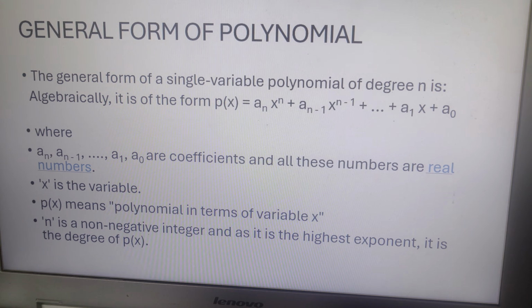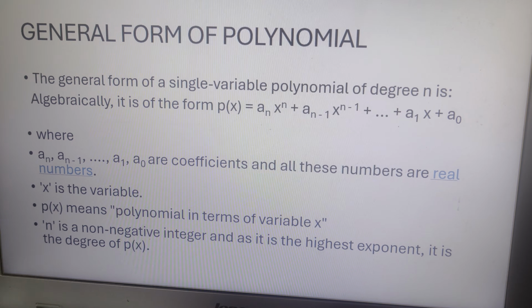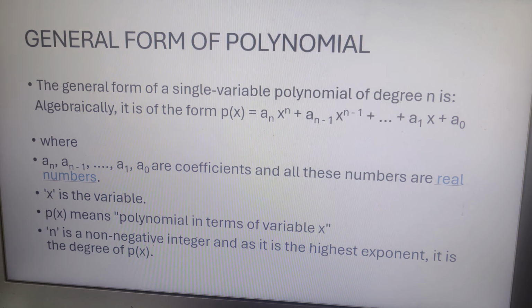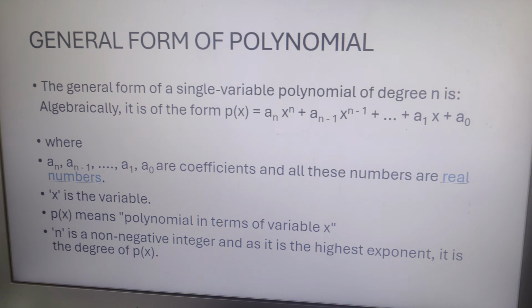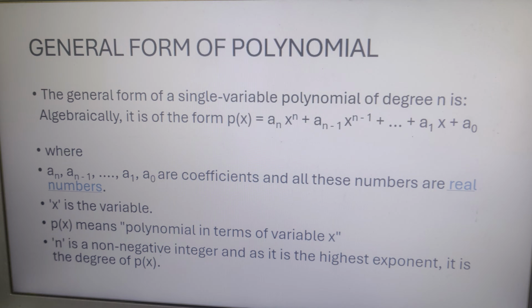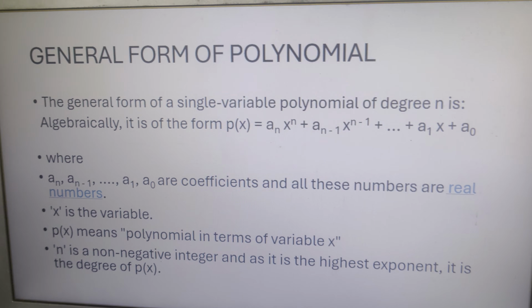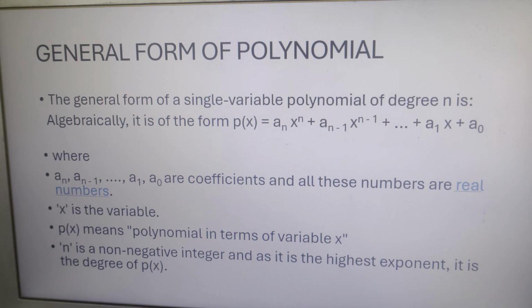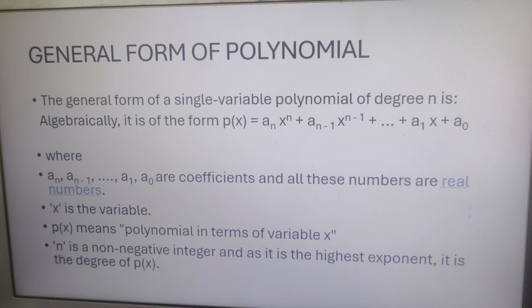Here a_n and the others are all the coefficients, and all these numbers should be real. The variable is x, and the value can be anything, it is not something determined. And a_0, a_n, all these are the constant coefficients.